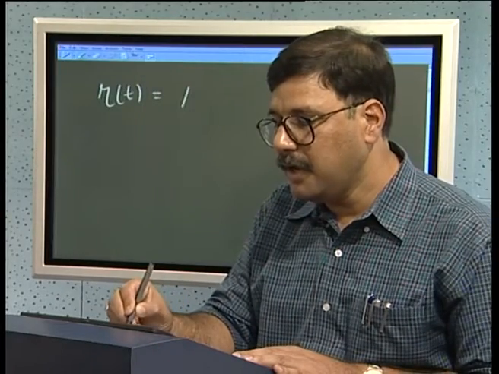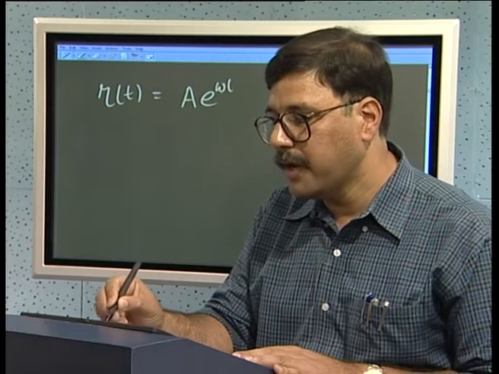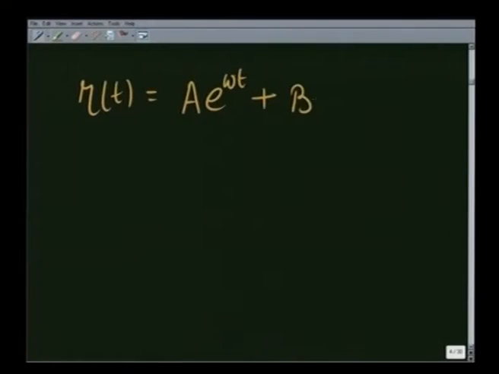So, the solution r as a function of time is a e raised to omega t plus b e raised to minus omega t.